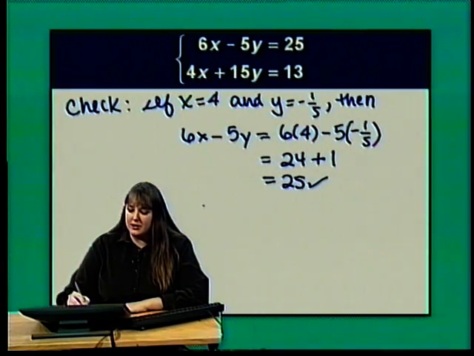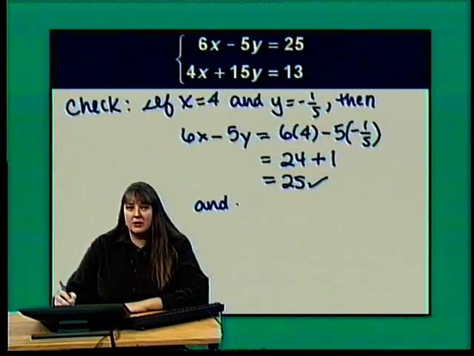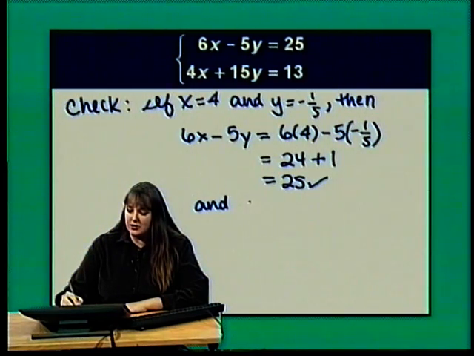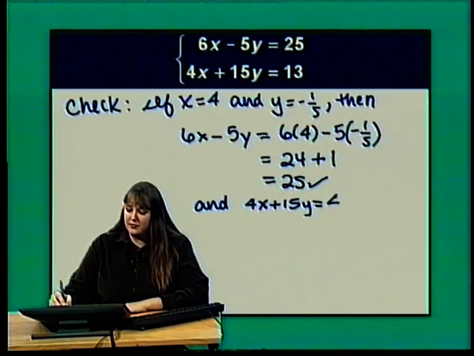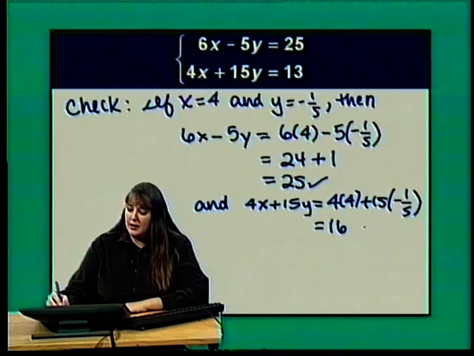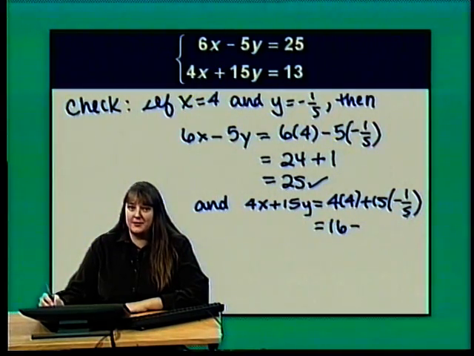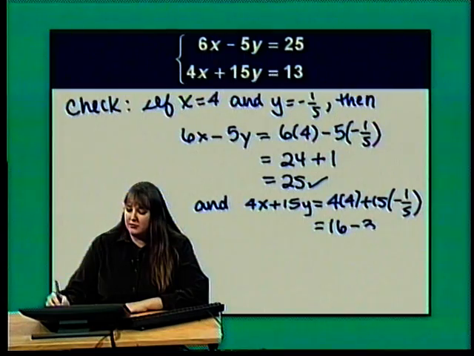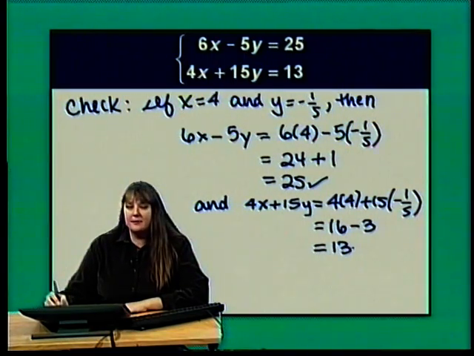What about the second equation? Well, looking at the left-hand side of the second equation, we have 4x plus 15y. So that's going to be 4 times 4 plus 15 times negative 1/5. So that's 16 minus 5 goes into 15 3 times, so we're subtracting 3 here. 16 minus 3 is 13.